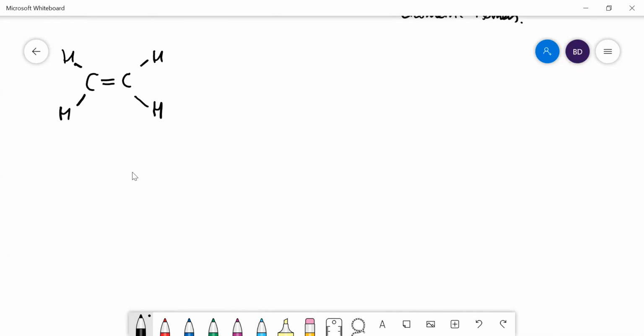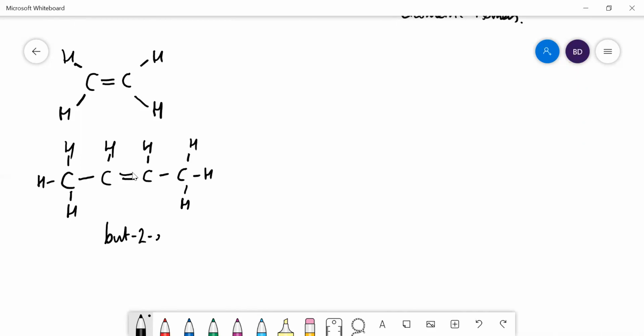However, let's have a think about this molecule. Okay, you would call that but-2-ene, wouldn't you?